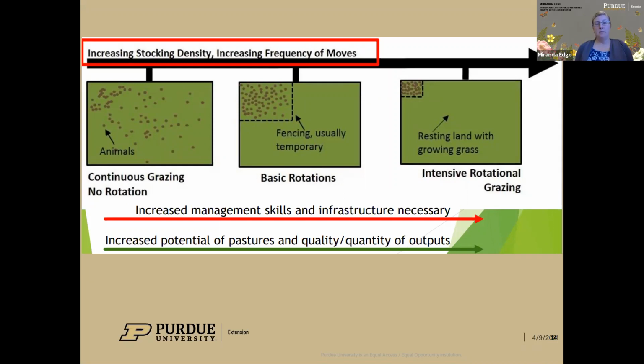When you take that same 14 animals down to basic rotational grazing and split that 14 acres 4 ways, that's going to increase your units per acre by 4. And so it's going to take them less time.